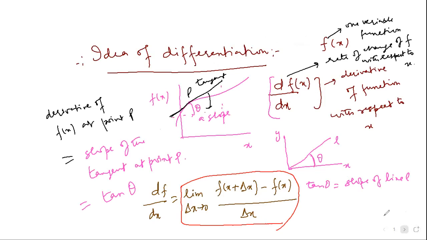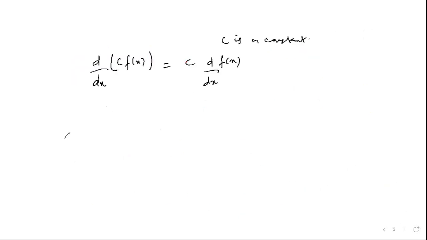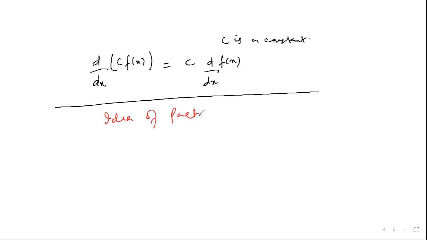In those situations, we talk of partial derivatives, partial differentiation. For that, we have a separate symbol. Example, I'm first giving you now the idea of partial differentiation, right?